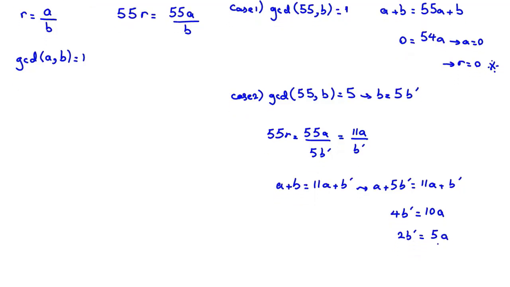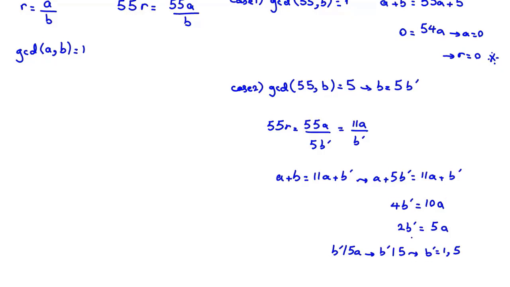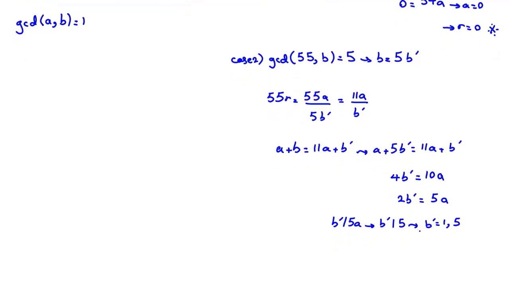Okay, now we know B prime and A are relatively prime. So we know B prime divides 5A because 2B prime is 5A. So B prime and A are relatively prime, by Euclid's lemma, you can ignore A, you can say B prime divides 5, so B prime is 1 or 5. 1 is not possible because if B prime is 1, then 2 equals 5A.